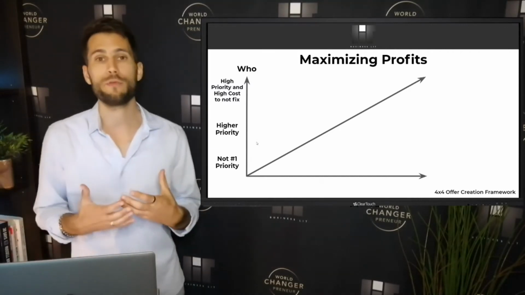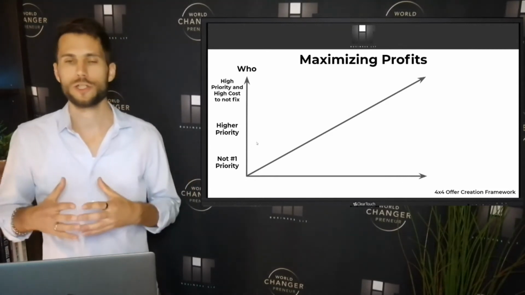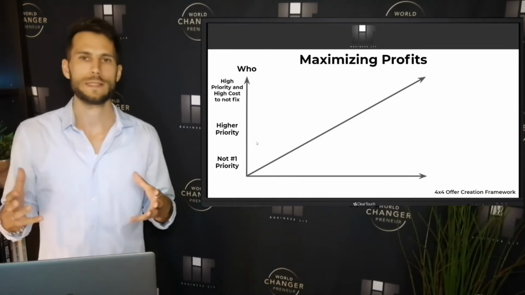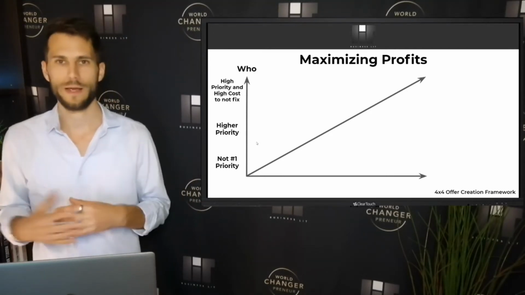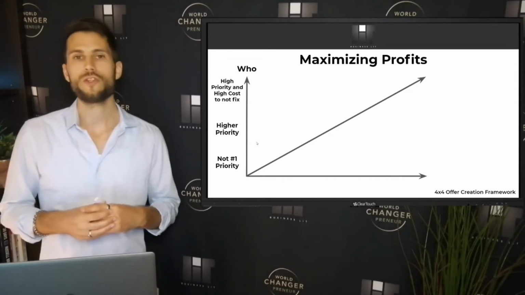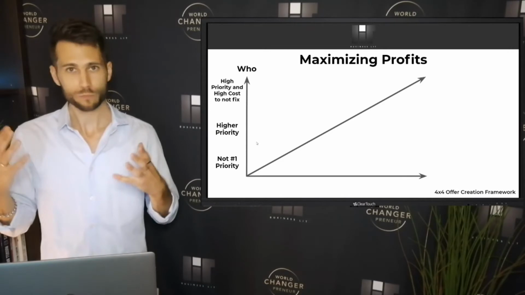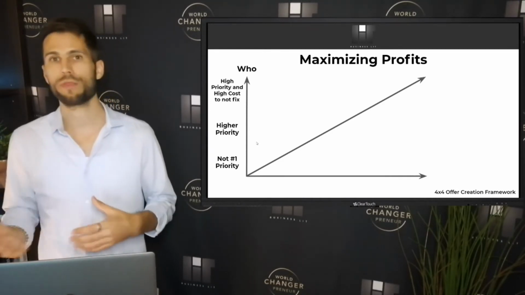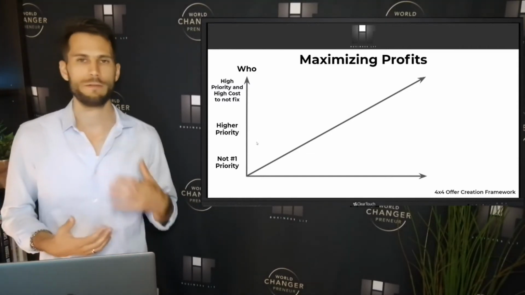For example, if you are helping people in the fitness niche with losing weight, and it's maybe just college students, they might want to deal with it, but it might not be their highest priority compared to maybe an executive in a corporate job, CEO, founder, whoever, who because of his health is not able to produce and perform in the right capacity.